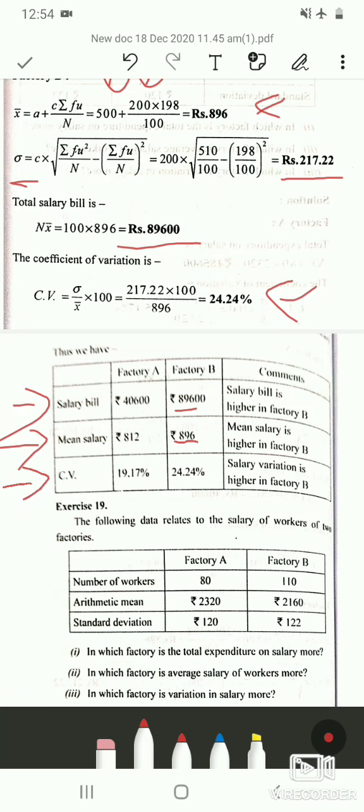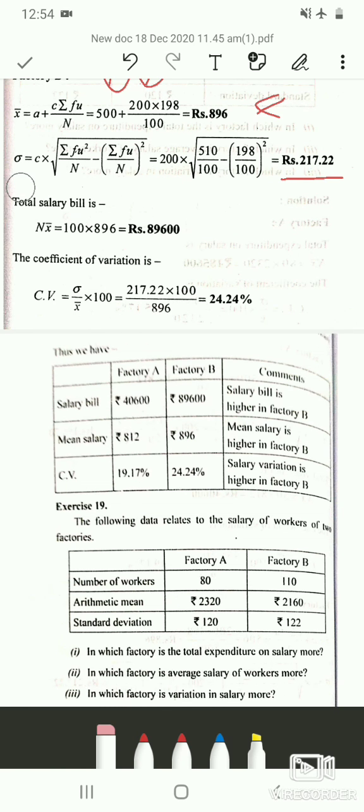So we can see again in this case the coefficient of variation is more for factory B. Therefore we can say salary variation is higher in factory B. But if they had asked which is more uniform or which factory has a uniform salary, then we would have said factory A because it has lower coefficient of variation value. So this is how you interpret a given data.